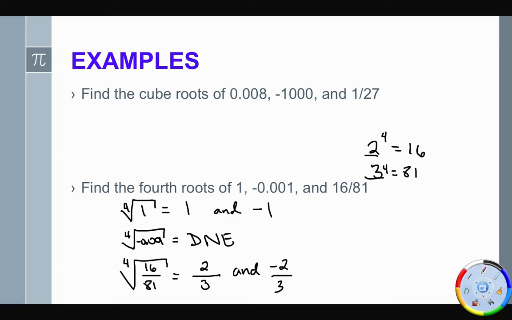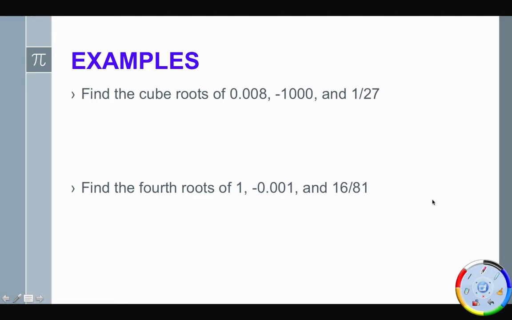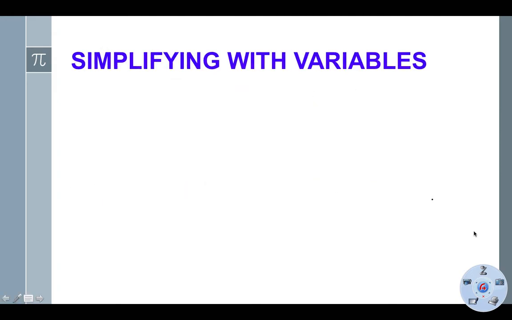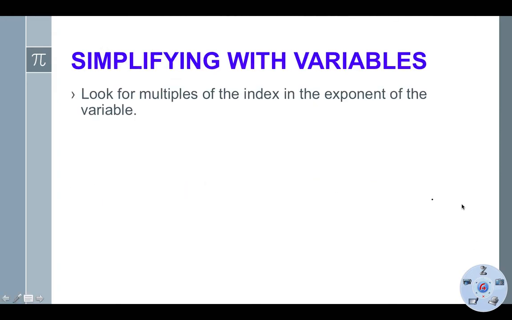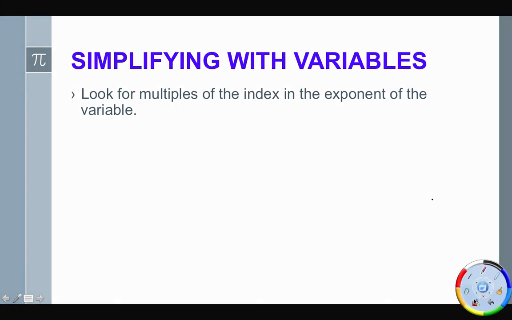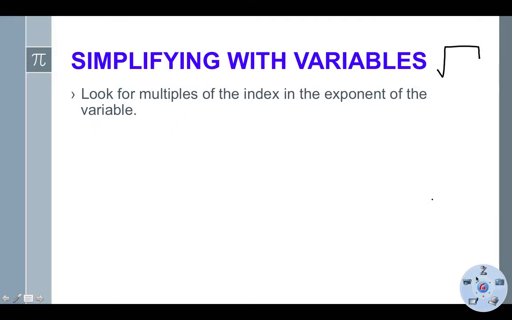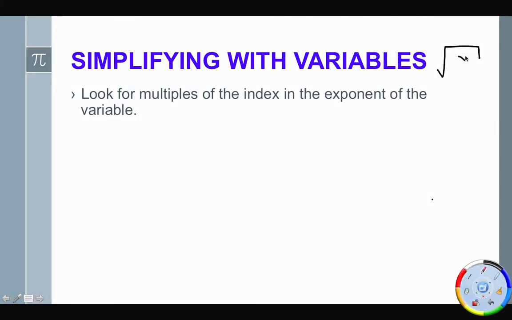All right, so that's looking at the numerical values. Let's move on to the algebra piece and looking at some variables. If you are given something along the lines of this, we were to take the square root of x to the third.